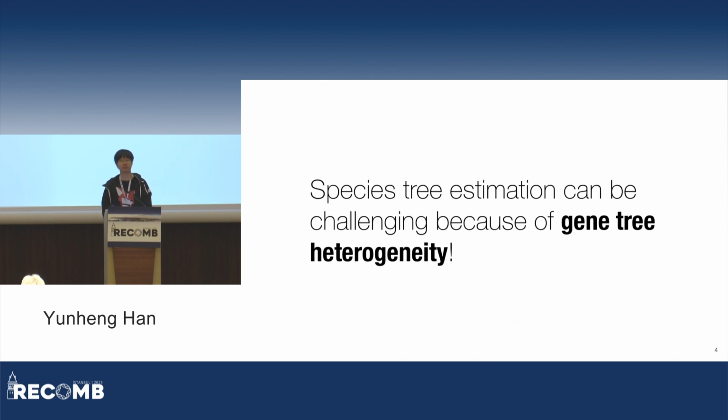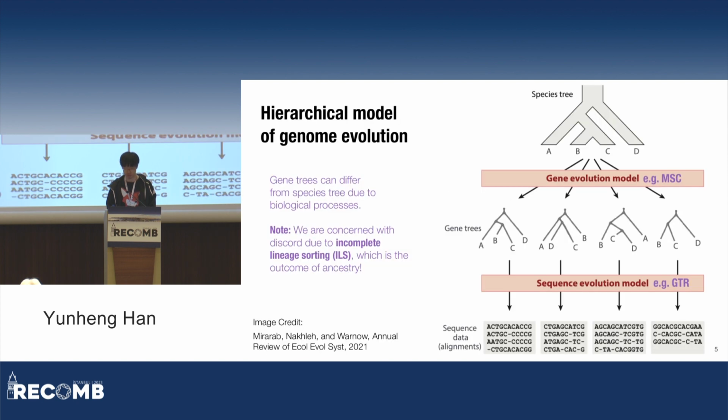Although we have an abundant amount of biological data, which makes it possible to accurately estimate the species tree, species tree estimation can still be challenging because of gene tree heterogeneity. We follow a hierarchical model of genome evolution: given any species tree, we first generate a set of gene trees evolving inside the species tree following certain models, for example, the multi-species coalescent model.